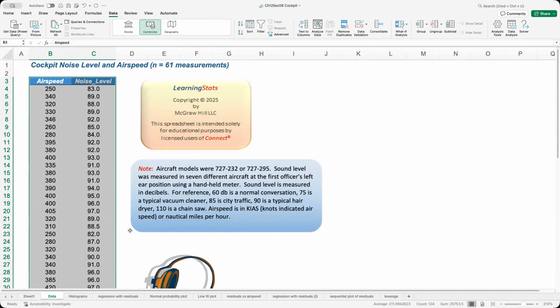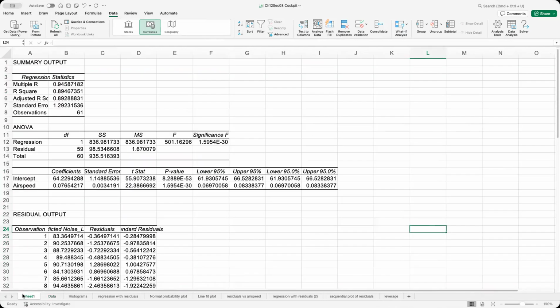So to go from 250 to 251 miles an hour, my sound increased, but only by 0.07 decibels. So I really have to jump up quite a bit in speed to notice a decibel increase.